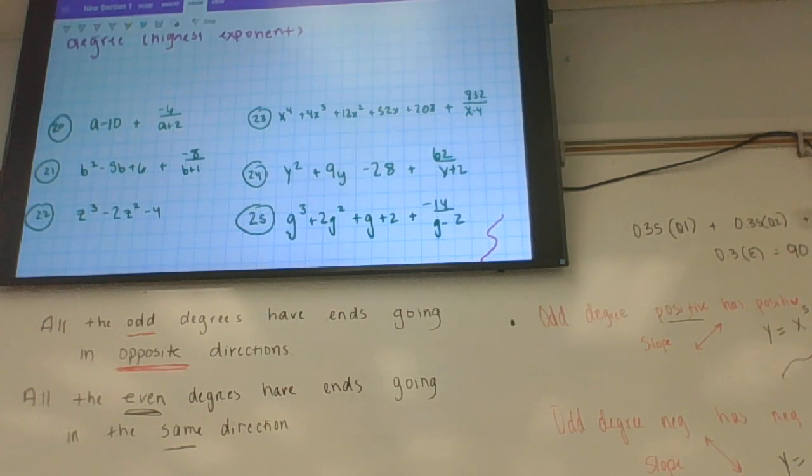You know your remainders and checking your work.